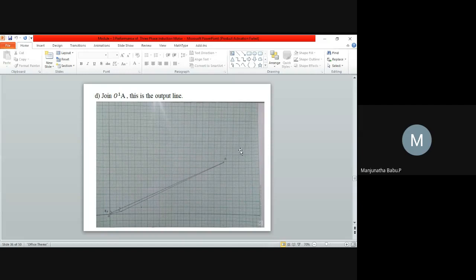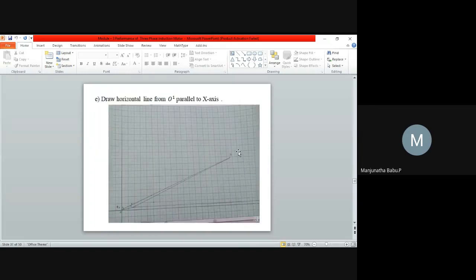Measure O dash A length, you will get around 18 point some value. 18.4, sir. Okay, so keep that value as it is.